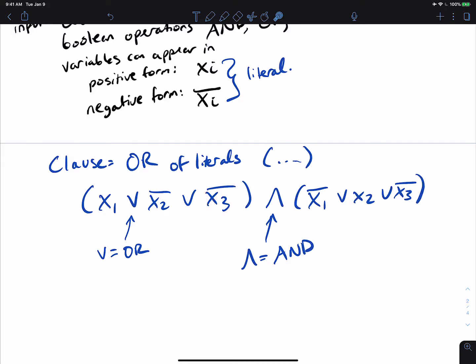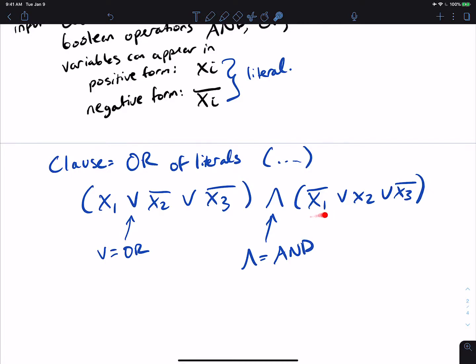So true or true or true, so the whole clause evaluates to true. Now let's look at the other one. x1 was true, so x1 bar is false. Then x2 was false, so that means x2 just by itself is false.